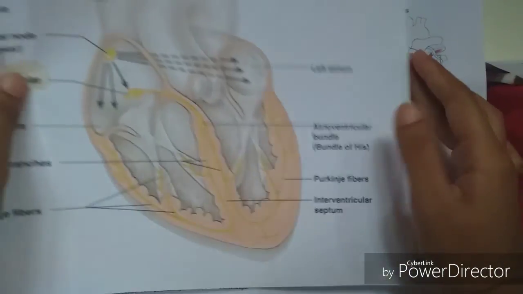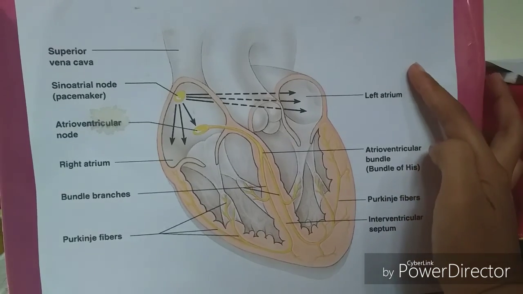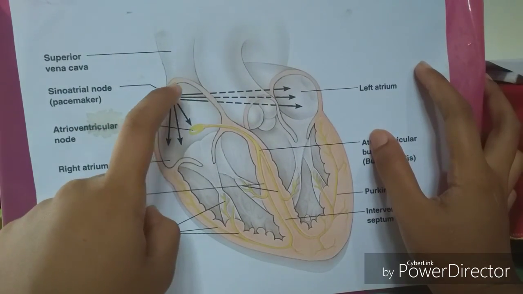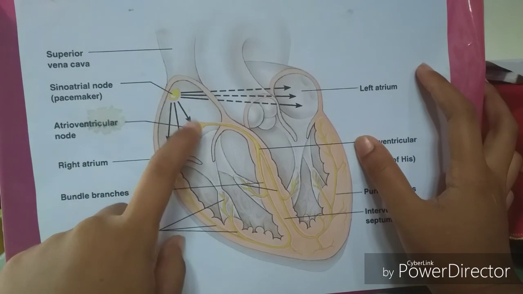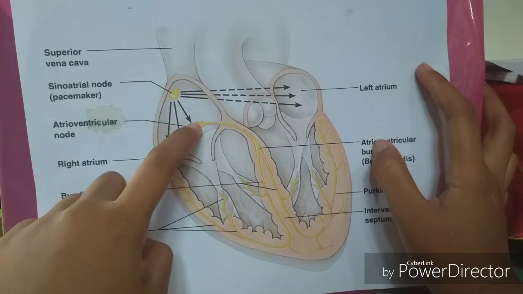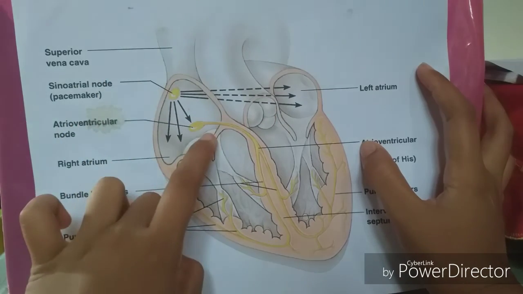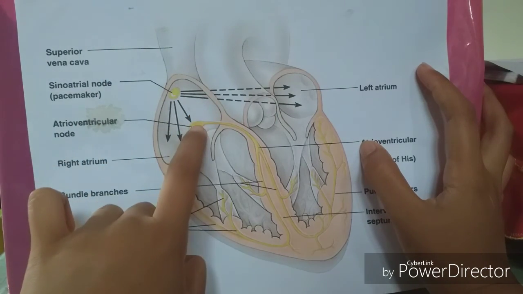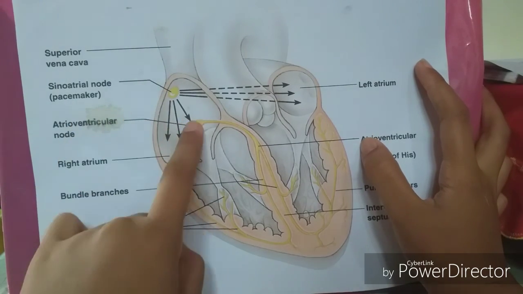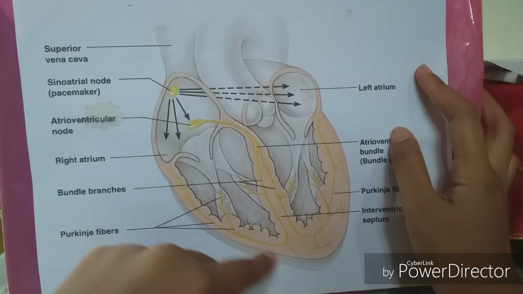So these are the pacemakers of the heart. There are two pacemakers of the heart, which are the sinoatrial node and the atrioventricular node. These pacemakers use electricity so the heart muscle can contract, and that is how the blood enters.